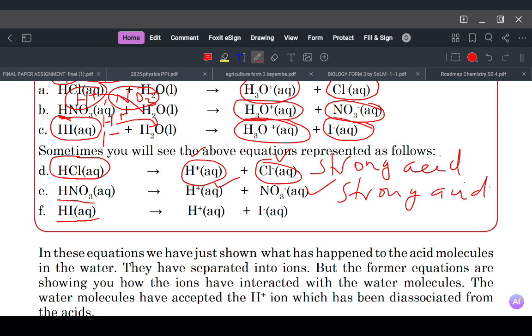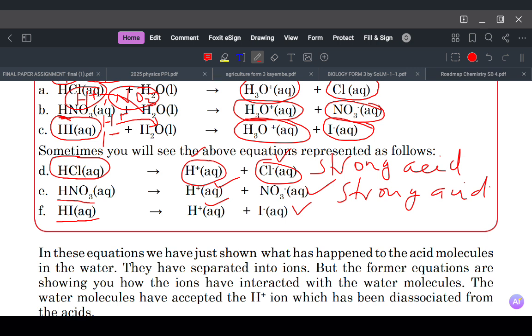Similarly, hydrogen iodide is also going to separate out into hydrogen ions and the iodide ions. Therefore, this is also another example of a strong acid.